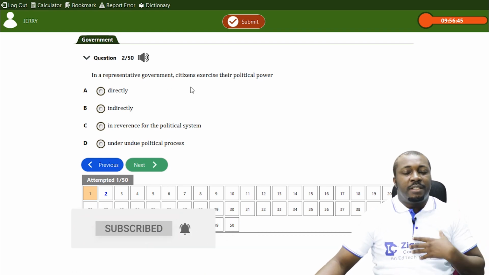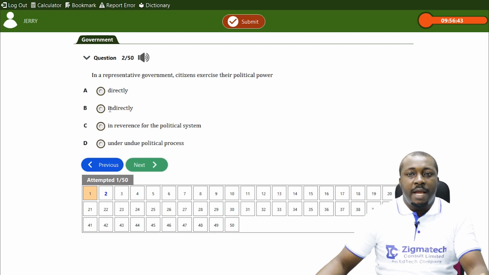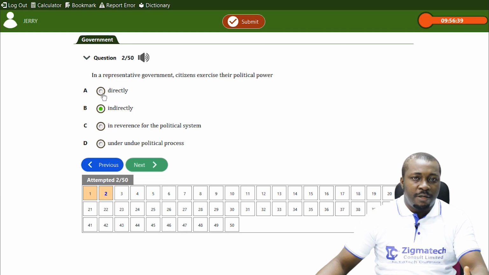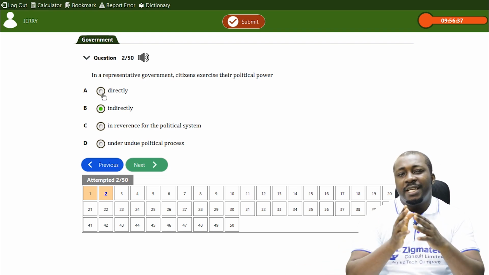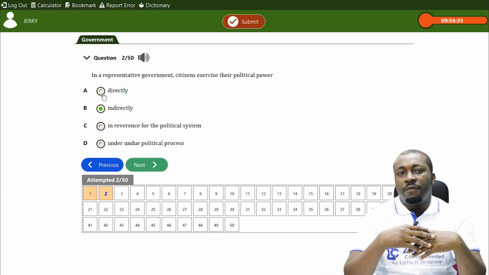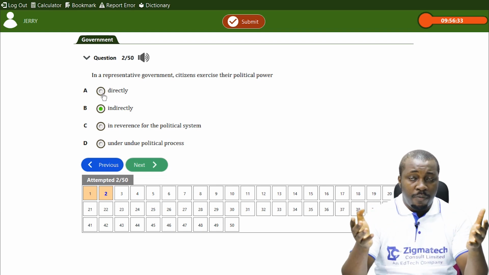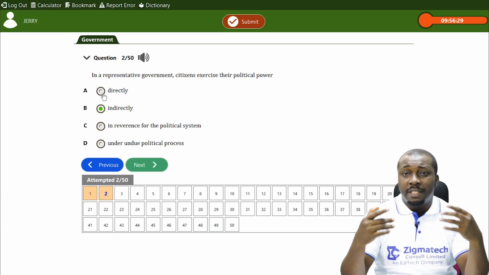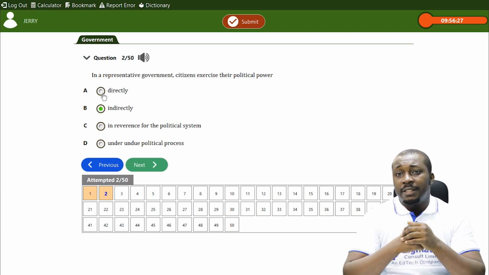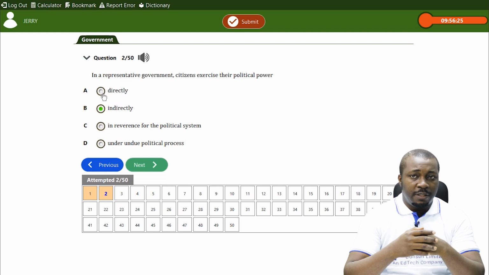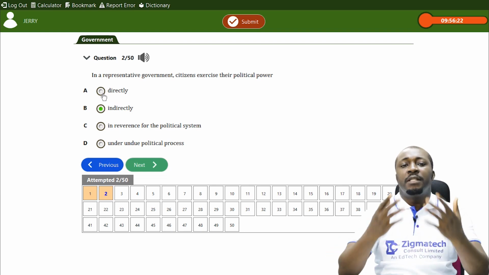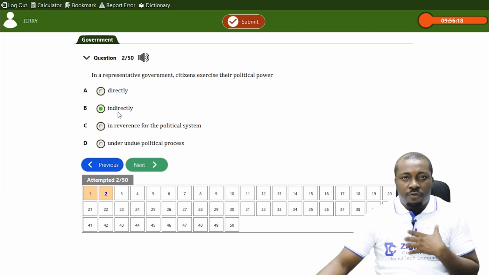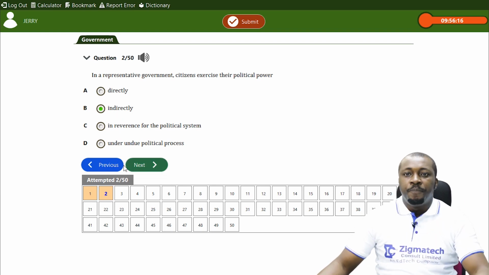So people exercise their political power indirectly. It is not directly. Directly is direct democracy, classical democracy that is outdated as a result of increasing population and complexity of the modern state that does not permit direct participation of citizens in all the affairs of their state. So what we have is representative government, which is indirect democracy. So people exercise political power indirectly.